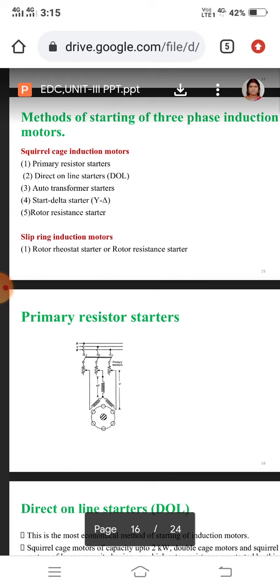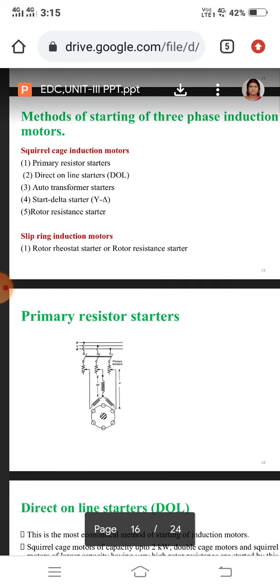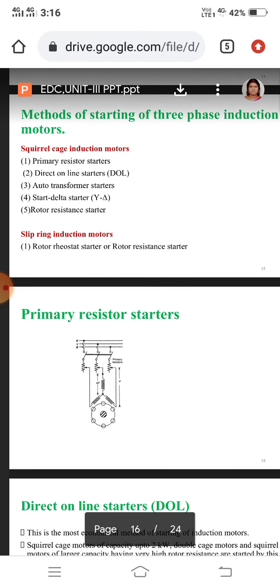That oscillating power reaching the motor may affect the load. So our purpose is to reduce that starting torque by way of the primary resistor starter. For that condition, we use one resistor in each phase.